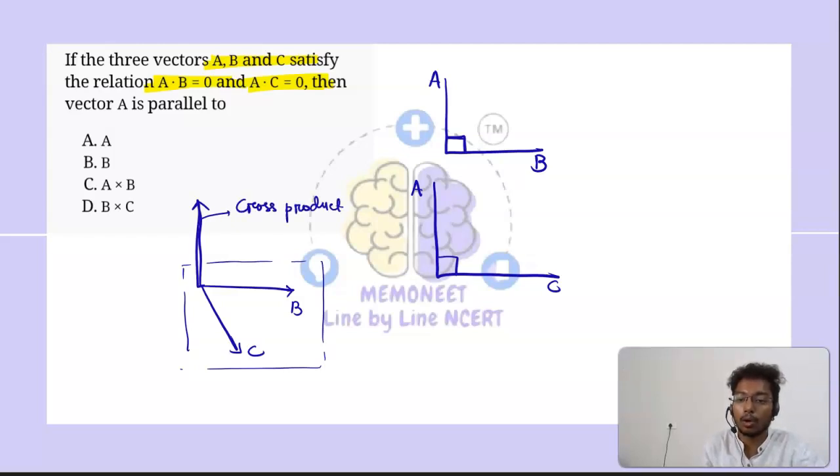So the cross product must be either parallel or anti-parallel to the a vector, because a is perpendicular to b and a is perpendicular to c. So the a vector lies outside the plane of b and c, and it will be parallel to the cross product of these two vectors. So what will be the answer? The a vector is parallel to b cross c.